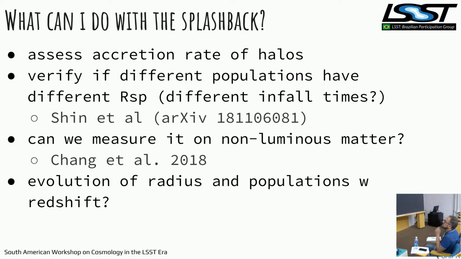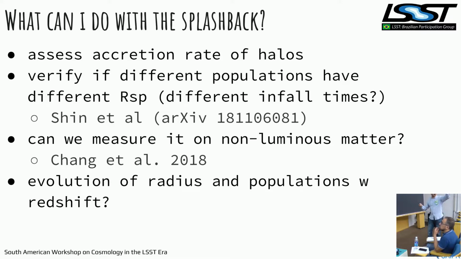And what can I do with this splashback? So you can, of course, assess the accretion rate of halos. You can verify if different populations have different splashback radii, right? A blue population, a red population. That's being presented in Shin et al. It's on the arXiv. Can you measure it on non-luminous matter using weak lensing, for instance, right? And compare to what you measured with galaxies.